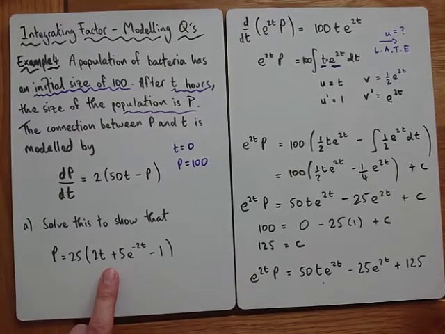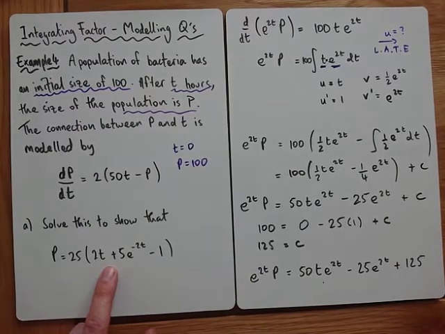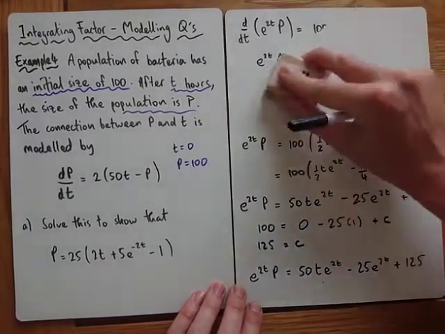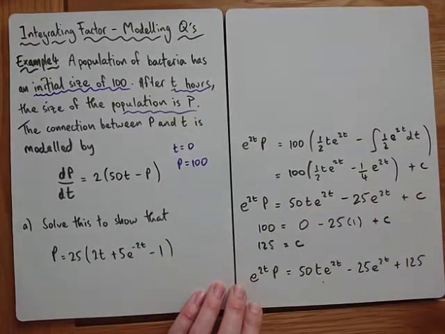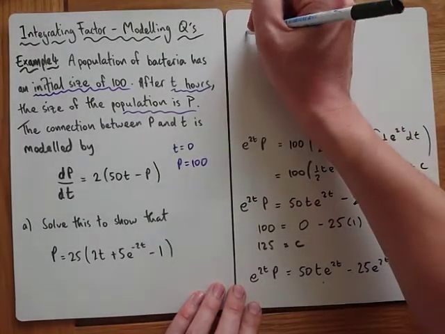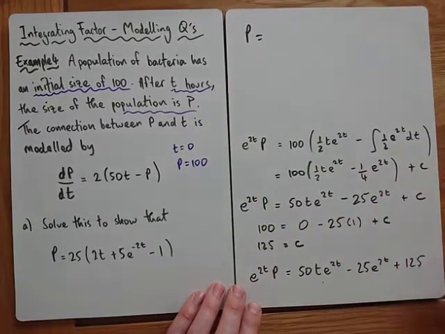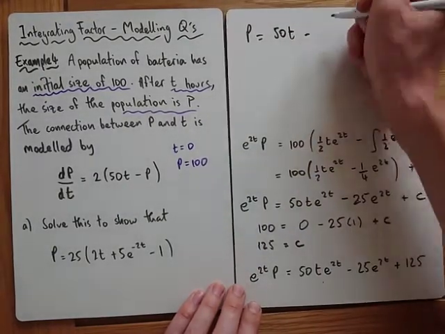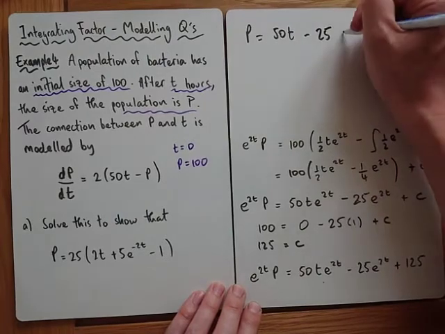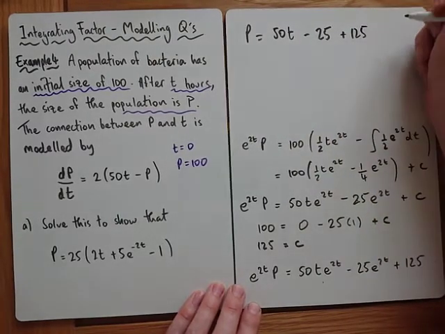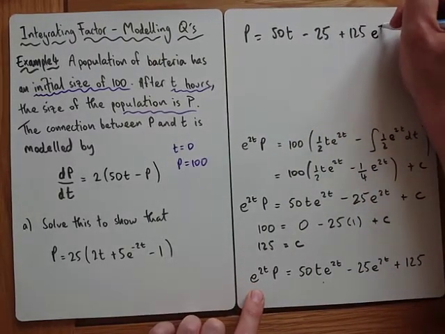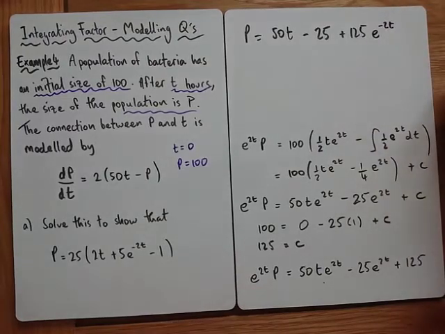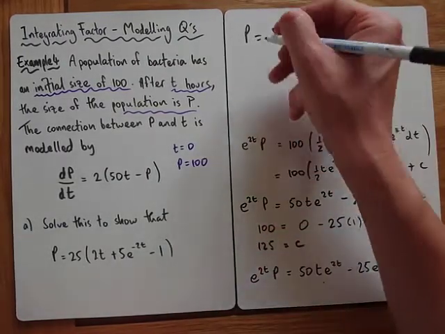Let's compare this with this. Yeah, we're there, aren't we? I suppose I'll just finish it off just to show you that last step. We're just going to divide by e to the 2t, so if we divide everything by e to the 2t, that would be 50t minus 25 plus 125, dividing by e to the 2t, it's the same as multiplying by e to the minus 2t, and then take a factor of 25 out.